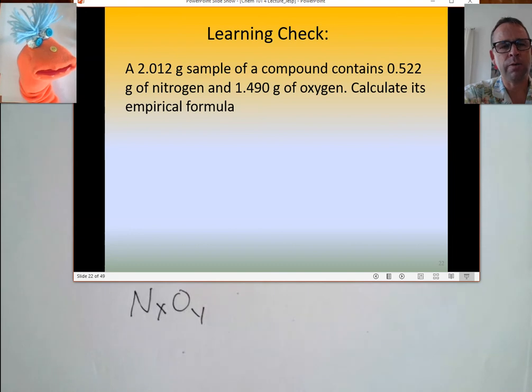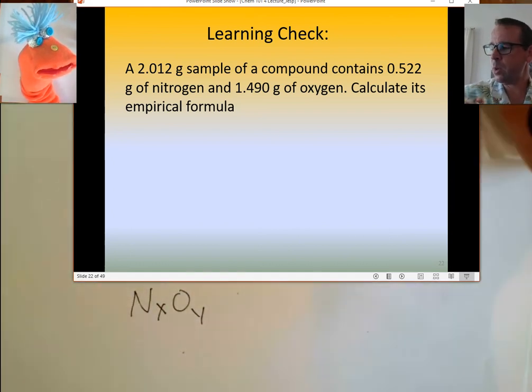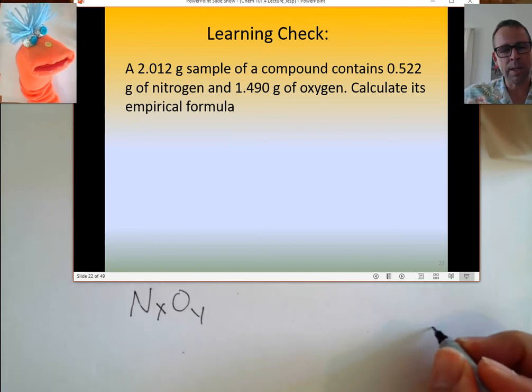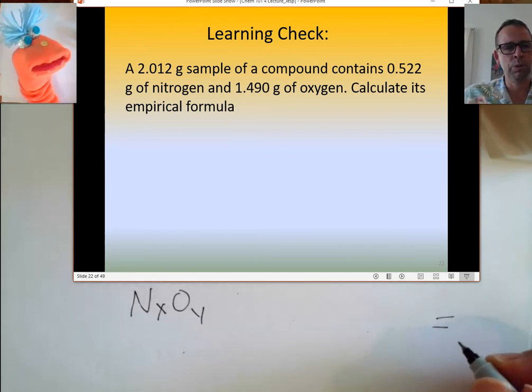So, if I have grams of the material, I can convert those grams to moles. And after I get moles, then I can simplify that molar ratio and find out what the simplest molar ratio is. So, what did I say I wanted to get? Moles. You need moles.